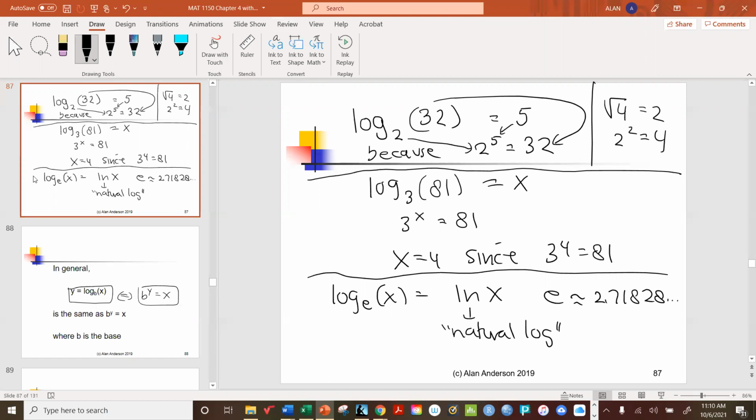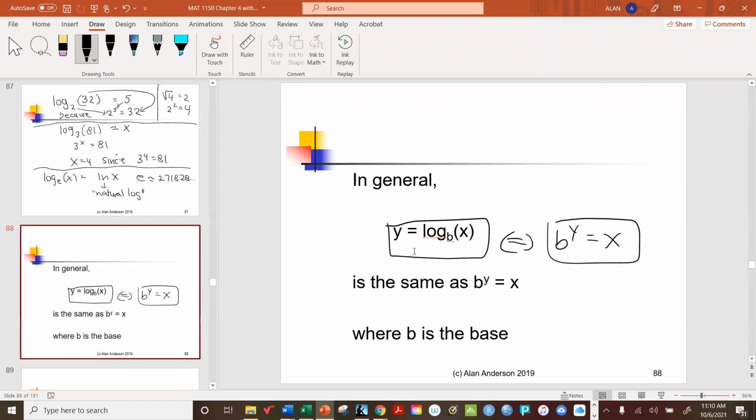So just do what you have to do to remember this. In more general terms, b is the base, and x is the exponent, but no, here y is the exponent, but yes, these two things mean the same thing.